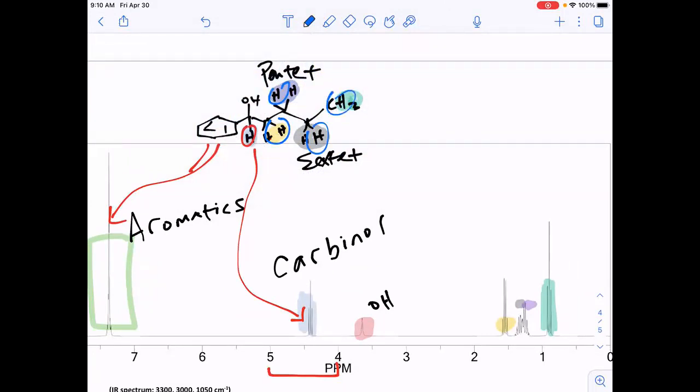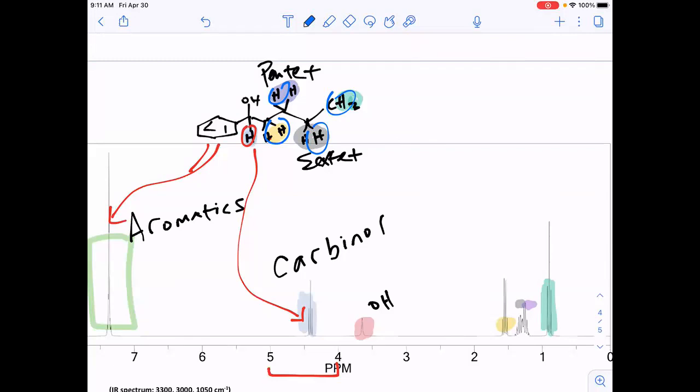Because none of them are extremely close to an electronegative atom or electronegative functional group, they're all going to show up somewhere between about 0.5 and 1.5. That's the range for alkyl protons, really from about 0.1 up to about 1.5.